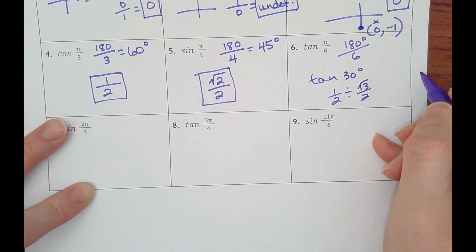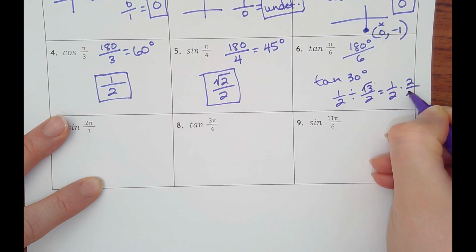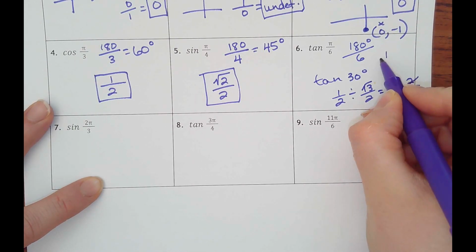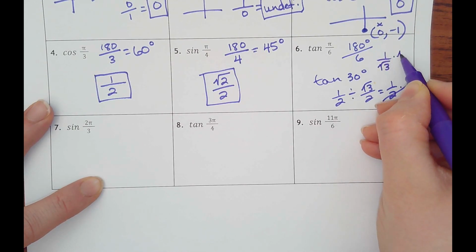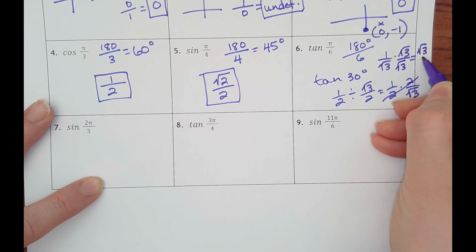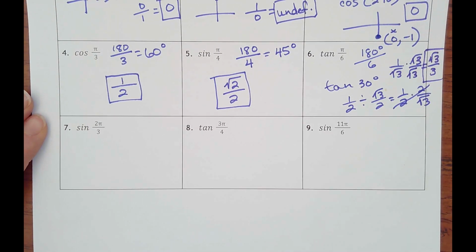Can't divide fractions, sorry. So it'd be 1/2 times 2 over square root of 3. Cancel out the 2's, I get 1 over square root of 3, but I rationalize, and I get square root of 3 over 3. So tangent of a 30 is square root of 3 over 3.